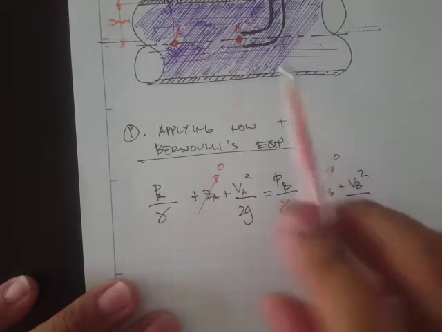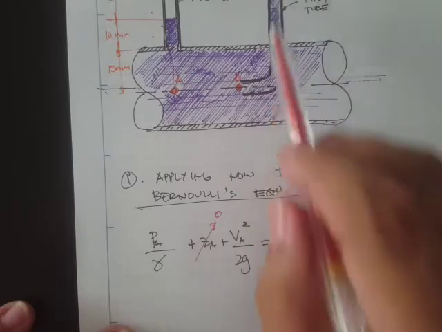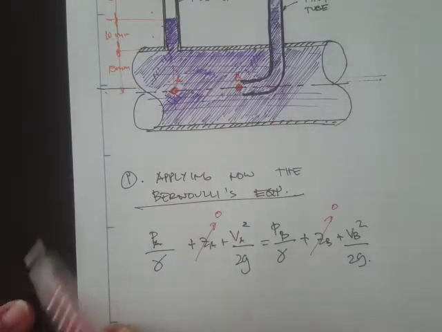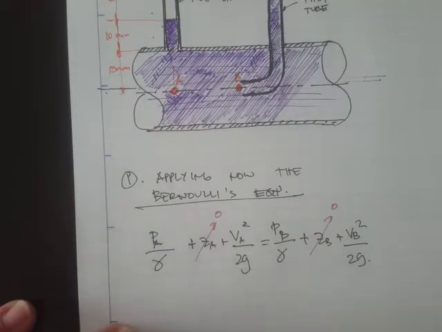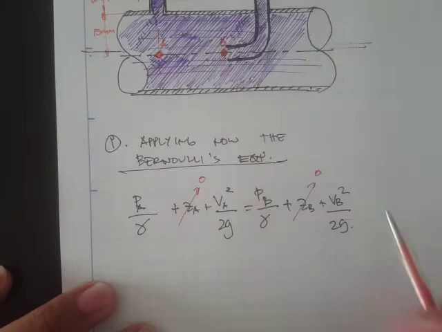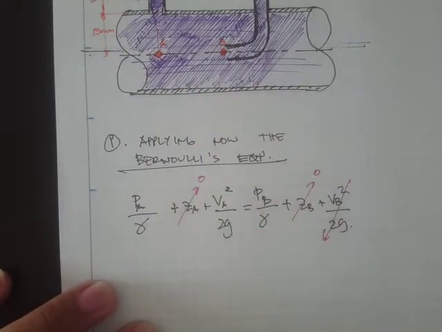Now, recall that for stagnation pressure, we have a stagnation point right here, which means the fluid that's moving is brought to rest, or stagnant, so our velocity at point B would be 0.